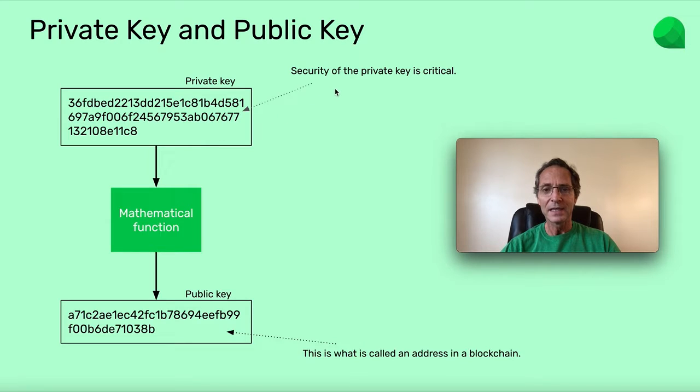And this is why security of the private key is critical, because nobody else will have access to assets on blockchains. And the public key is what is called an address in a blockchain.